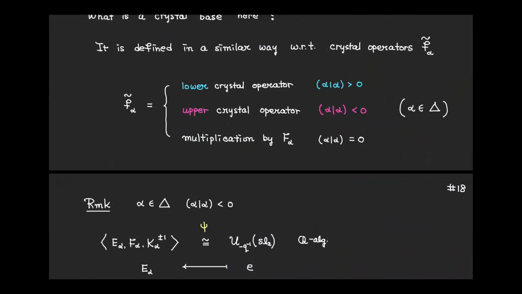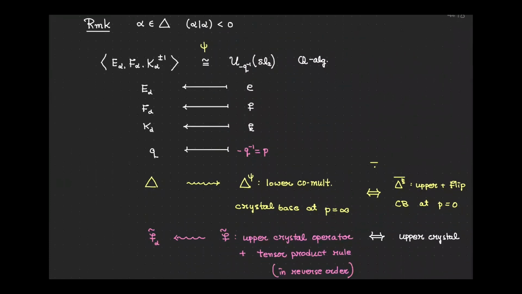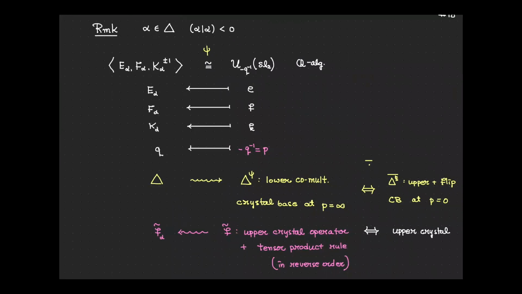Okay. Then why should we define it in this way? Let me explain the reason for this definition. So here's a remark. We only need to consider the even simple root with the negative norm. As I mentioned before, the subalgebra generated by this one is, in our convention, isomorphic to U_q(sl_2), but the parameter q is replaced by minus q inverse.